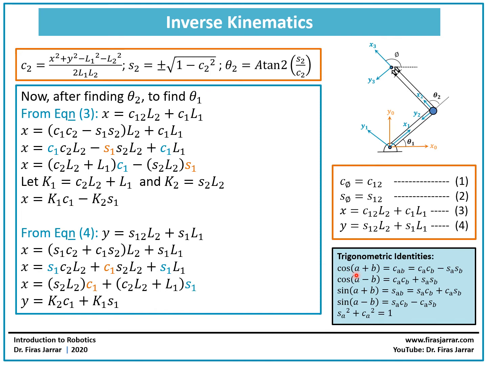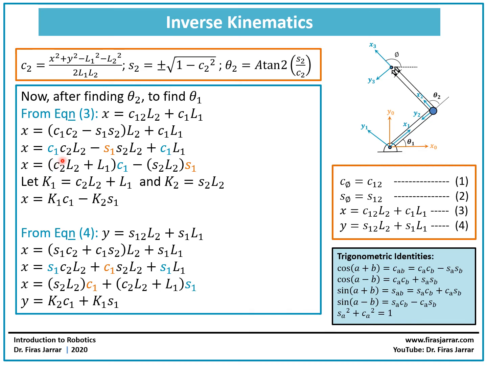The cosine of a summation of two angles can be written as cosine of the first angle times cosine of the second, minus sine of the first times sine of the second. So this becomes cosine theta 1 cosine theta 2 minus sine theta 1 sine theta 2, all multiplied by L2, and this term comes here.